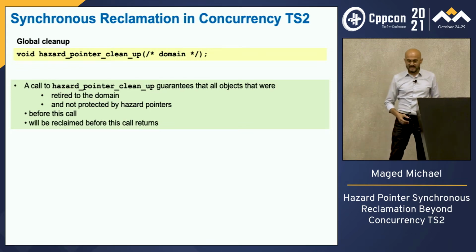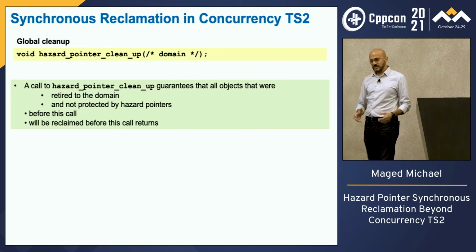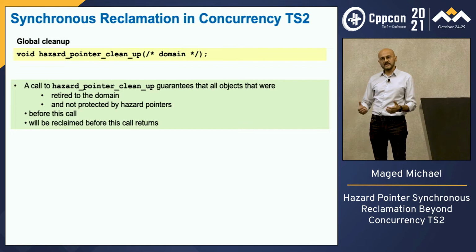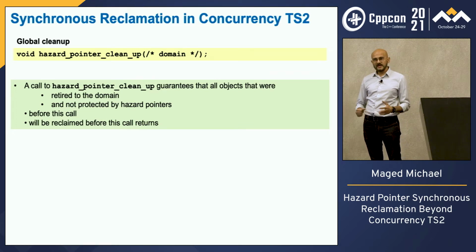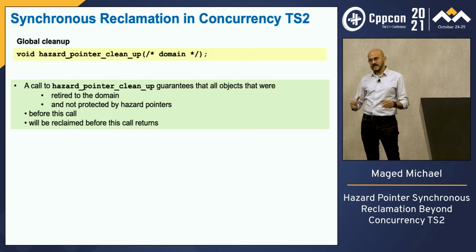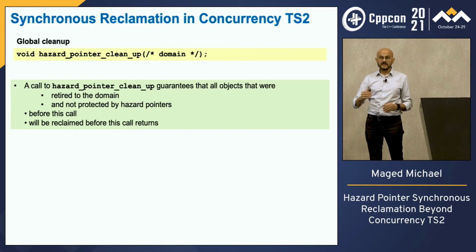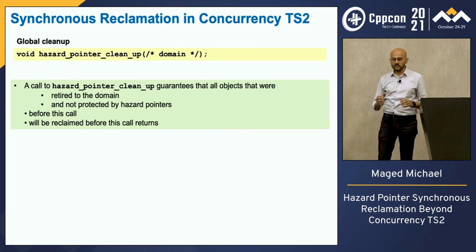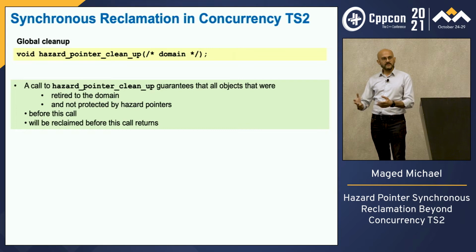Okay. All right, so going back to Concurrency TS2, it provides an interface for doing synchronous reclamation. In this case, it's called hazard pointer cleanup. It guarantees that any object that was retired before the call was invoked and was not protected by any hazard pointers before the call was invoked will be reclaimed before we return from that call.